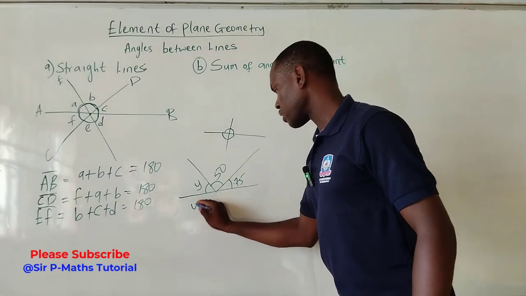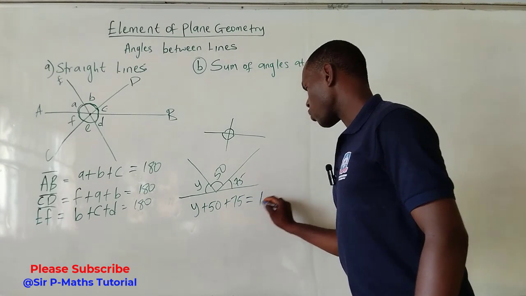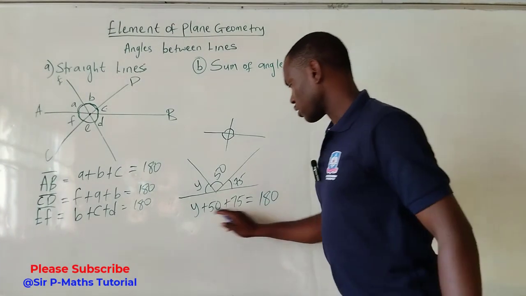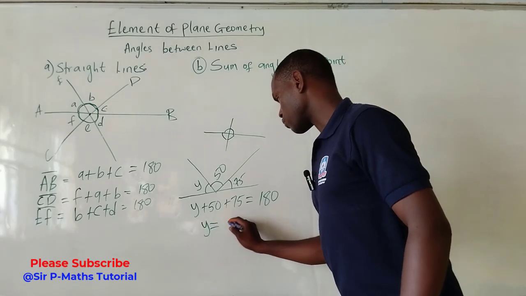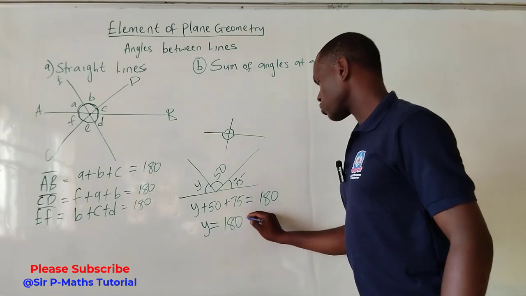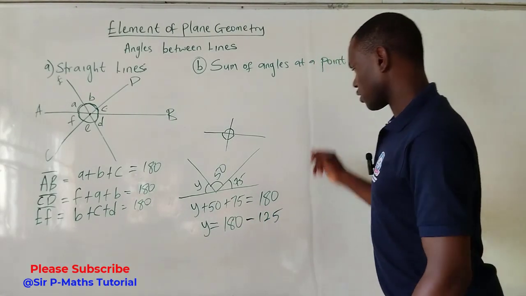To get this, we simply add y plus 50 plus 75 and equate it to 180, because adding the three of them gives us 180. Now, make y the subject of the formula. That means I will have 180 minus the sum of these two, and subtracting from 180, that is 125.